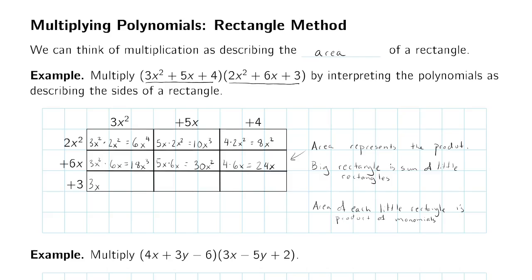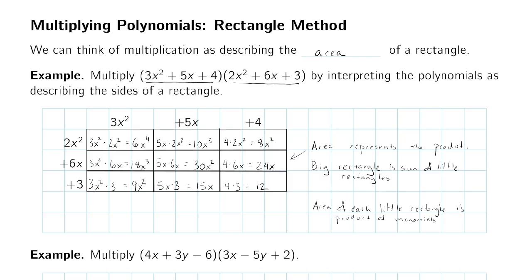Width 3x squared, height 3, area 9x squared. Width 5x, height 3, area 15x. Width 4, height 3, area 12. And there we go. Our product of polynomials understood as the sum of the little rectangles.